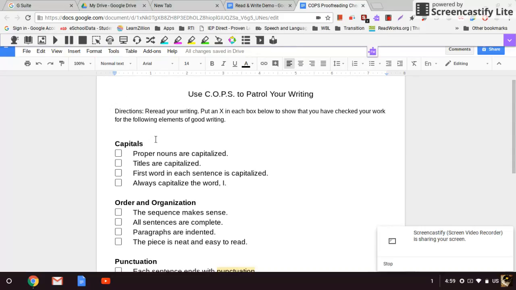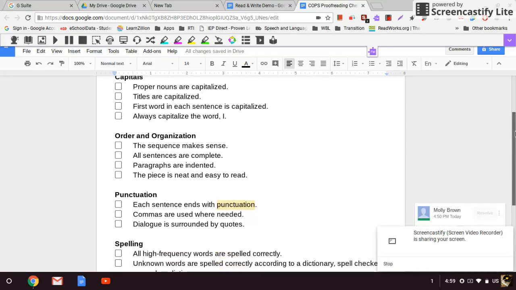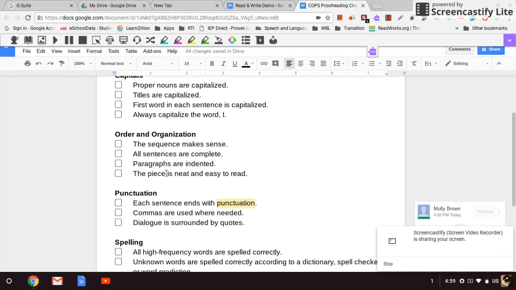And then they need to go through this checklist to make sure that all of the mechanics are in place. So let's say they're reading along using Read and Write for Google to determine what order and organization means. So they would put their cursor where they left off, press play.